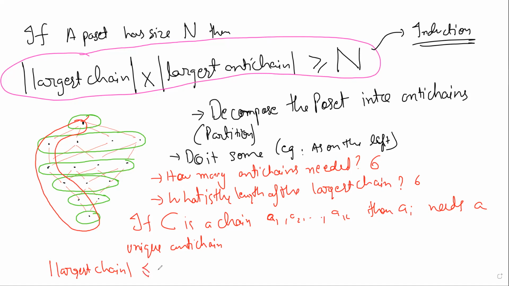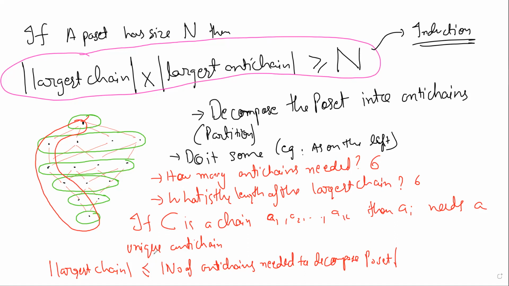It has to be less than or equal to the number of anti-chains, the number of parts needed to decompose the poset. And this is a general thing about general, arbitrary posets. I'm not saying that this is equal.